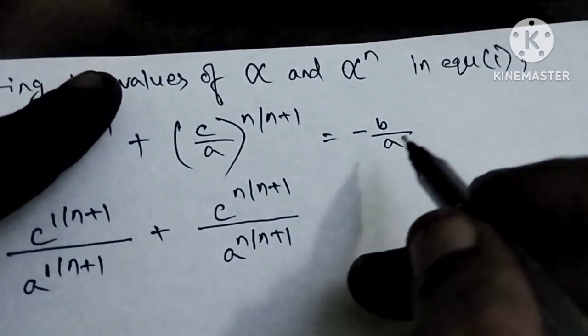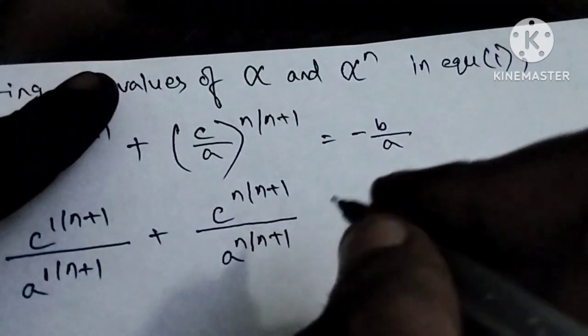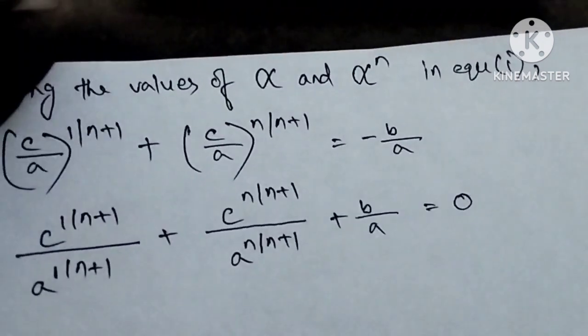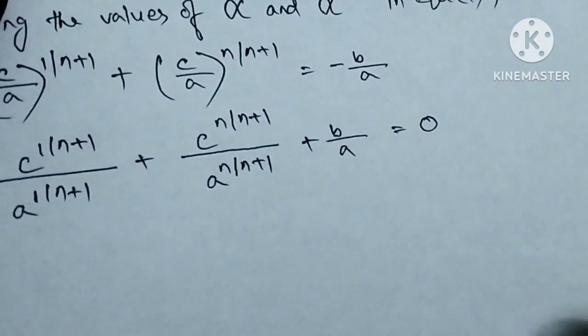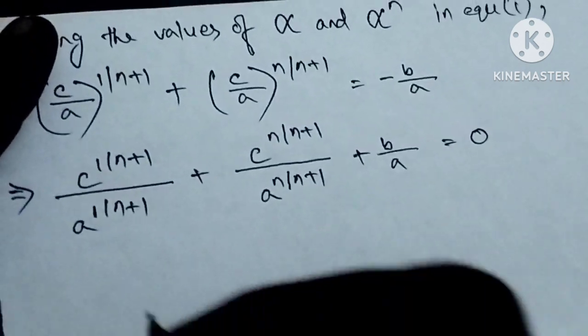Minus b by a from the right hand side, I am bringing it to the left hand side, so it will be plus b by a is equal to 0.